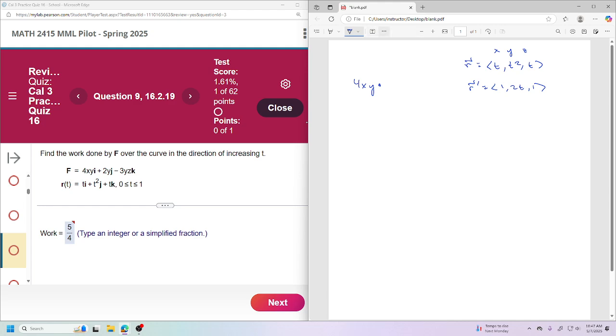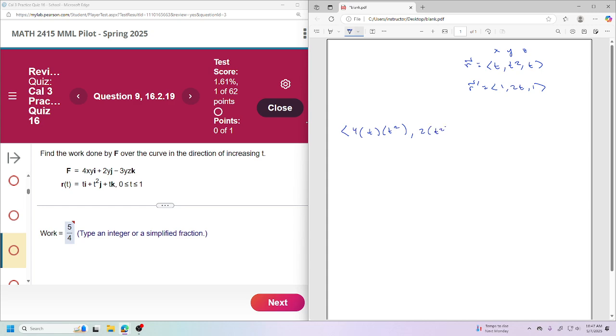There's no quick version, in my opinion. Maybe I'm wrong. So I have a vector: 4 times x times y, 2 times y, negative 3 y.